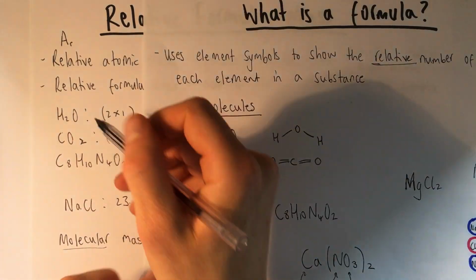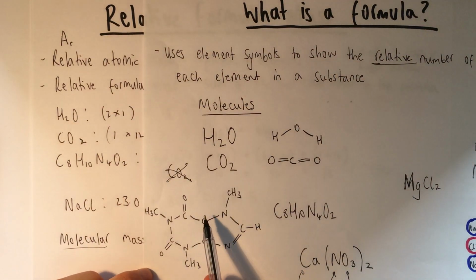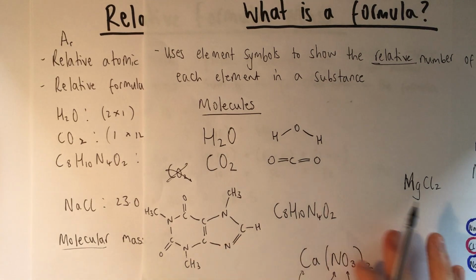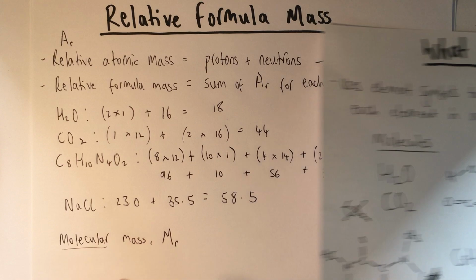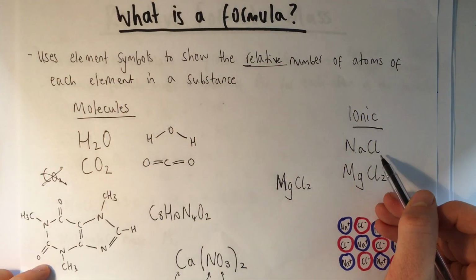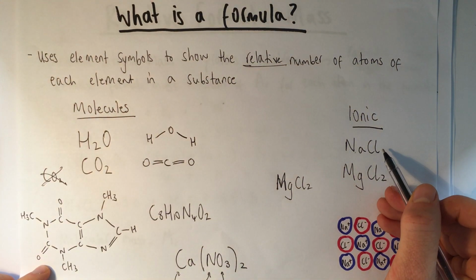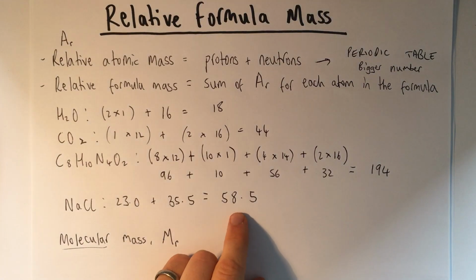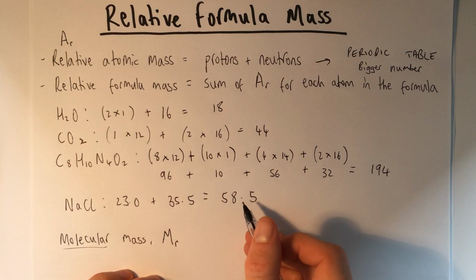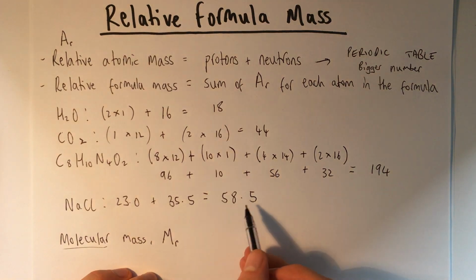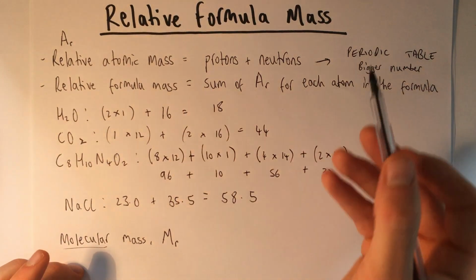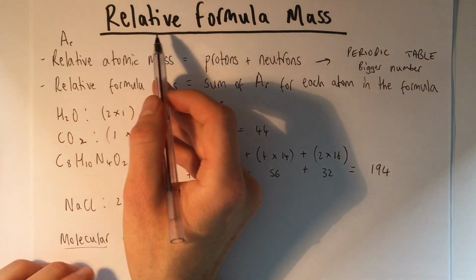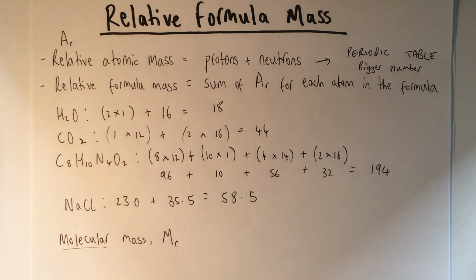So water, carbon dioxide and caffeine, they're all made of molecules. So what I've worked out here is their molecular mass. But sodium chloride is not made of molecules because it's an ionic compound. So this isn't its molecular mass. It doesn't have a molecular mass. I use the term relative formula mass. So generally, if you see Mr, that's what this means, relative formula mass. But it's better to use the term relative formula mass because not all compounds are made of molecules.